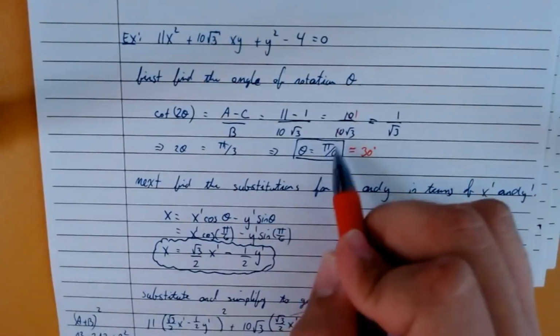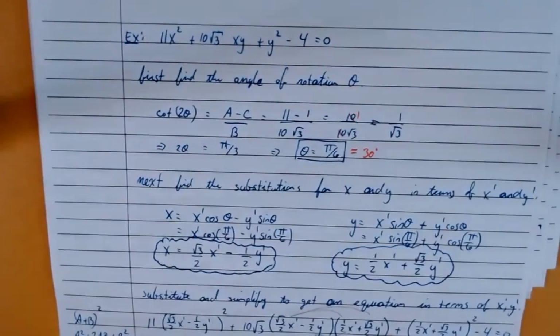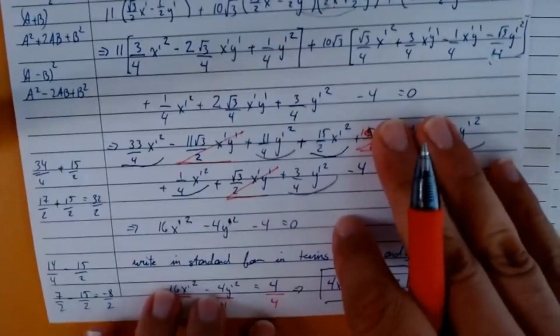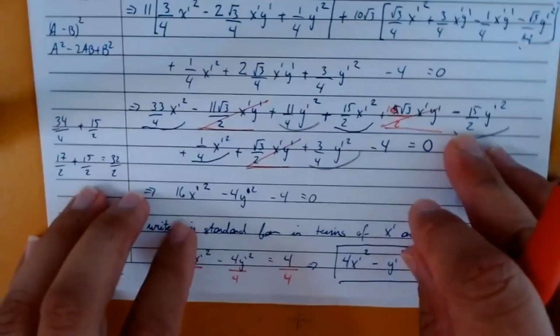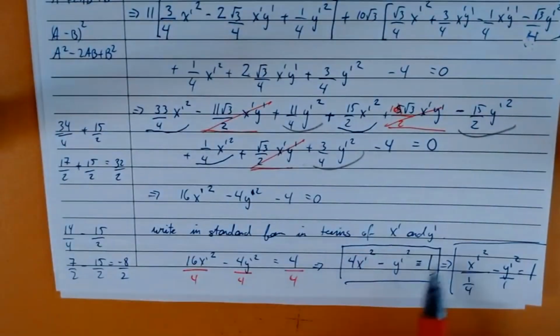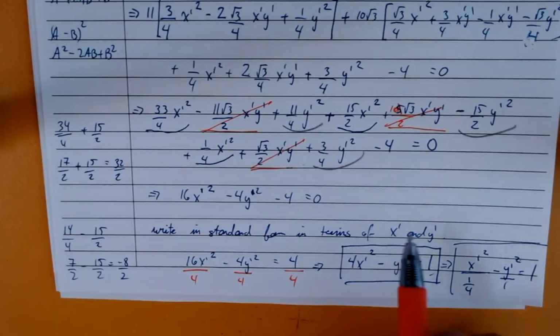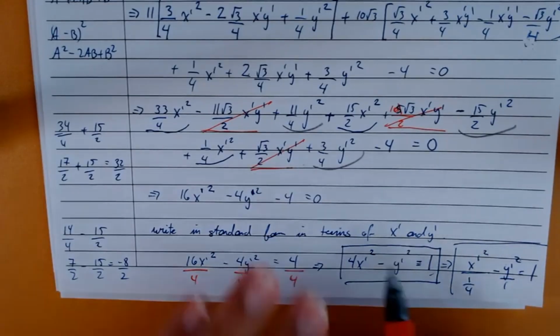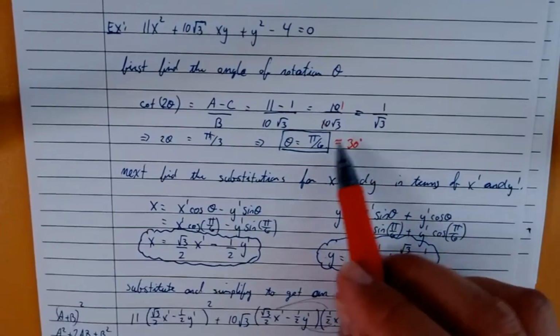We're doing everything in radians, but it's the same as 30 degrees. So take this result, 4x prime squared minus y prime squared equals 1, and graph that on the x prime y prime plane, which is offset from the traditional plane by 30 degrees. Go ahead and draw the traditional plane as well.